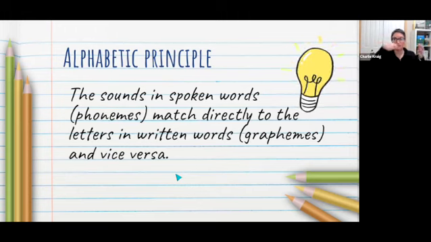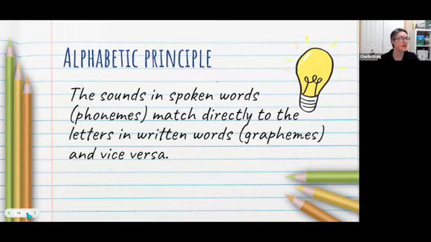We can write letters in a certain combination on a page, and someone else knows what we're talking about. And we can see something on a page and read it and know what they're talking about. It's like the miracle of the written language. That's the alphabetic principle.